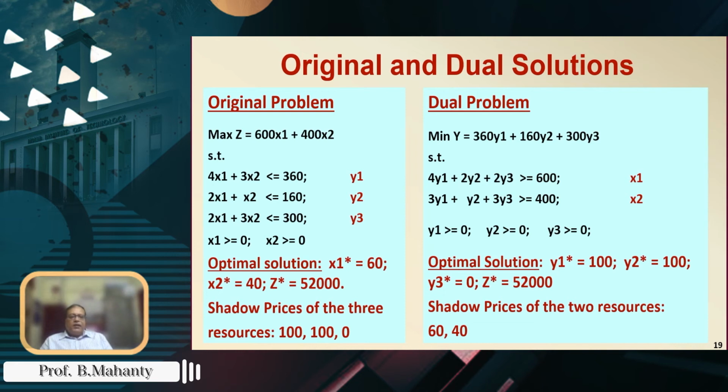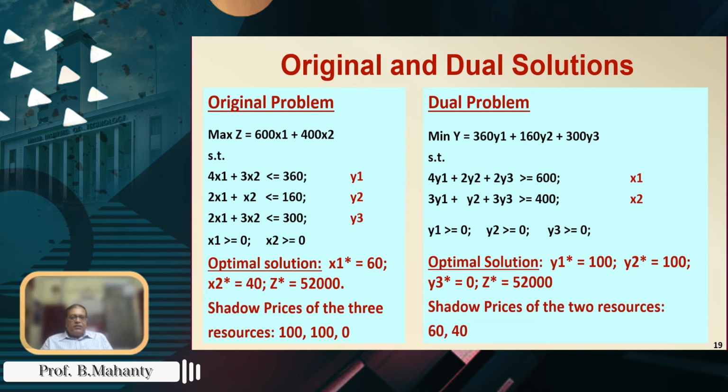So the complementary slackness says that if the dual variable exists, that means if the dual variable has a value in the optimal solution, say for example, y1 has a value, that is 100, then the corresponding primal slack will vanish in the optimal table and the corresponding primal constraint will turn to equality.